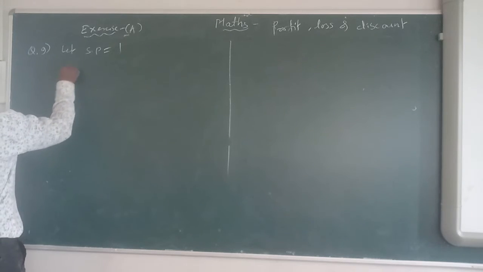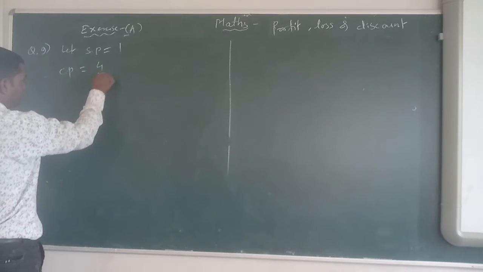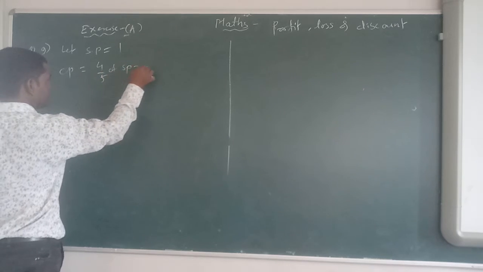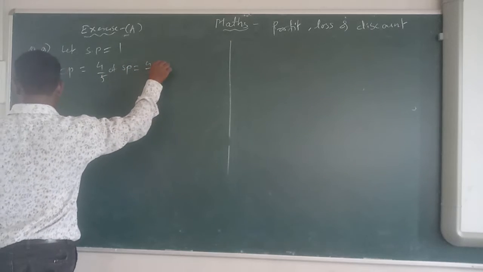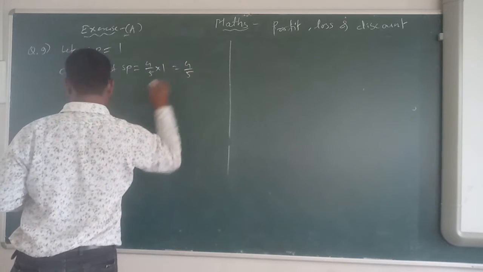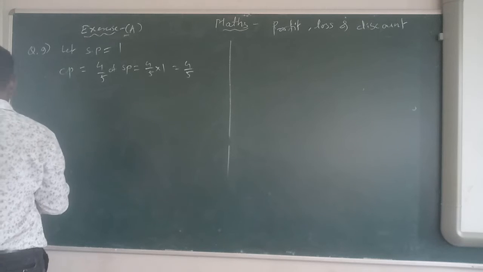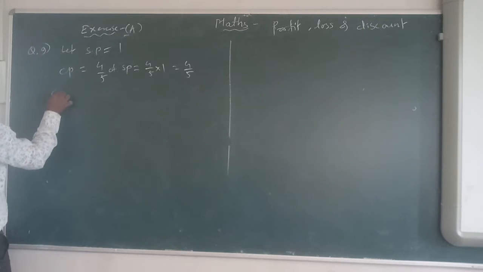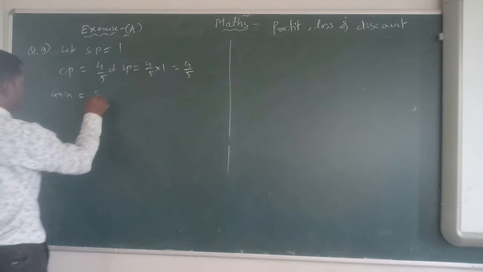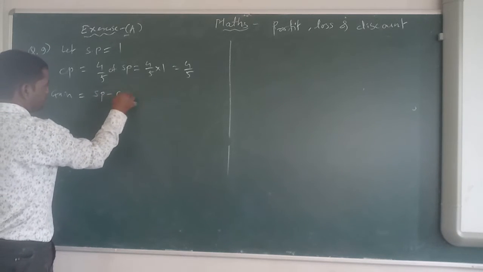Now CP is given as 4/5 of SP. 4/5 of SP means 4/5 into 1, which is 4 upon 5. Then we have to find the gain. Gain is found by the formula SP minus CP.